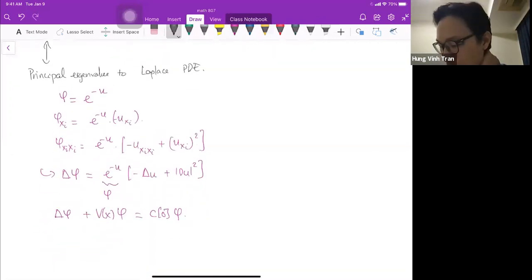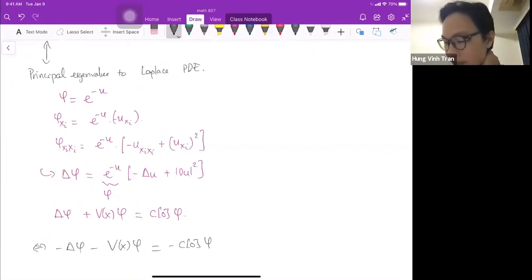So again, if you put the minus signs to make it an elliptic operator, you have minus Laplacian of phi minus V of x phi equals minus c naught times phi.